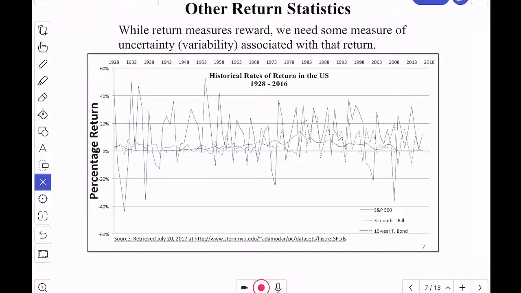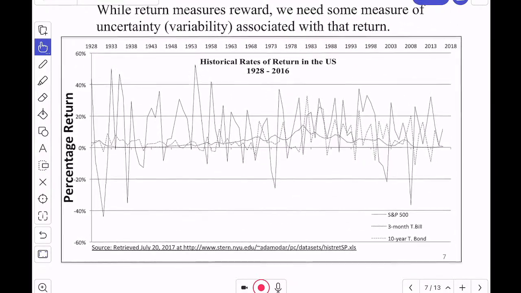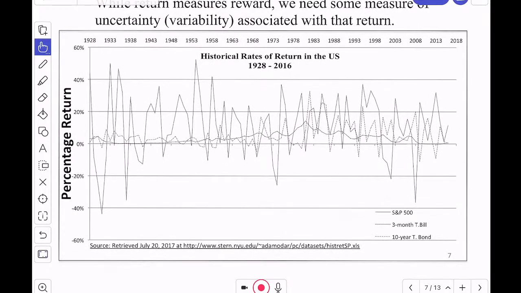So let's talk about volatility. Here are three classes of assets. You have the measure of the market returns as the S&P 500, and those are the more wild returns that I've plotted here between 1928 and 2000.